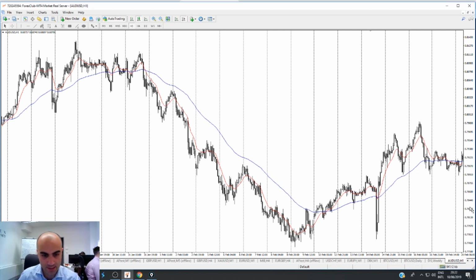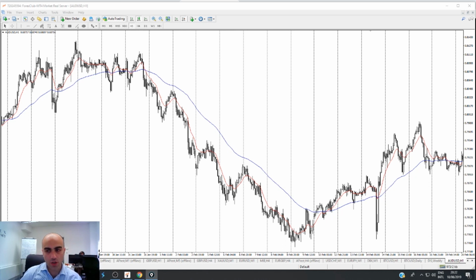So here, as you can see, I'm going to give you a couple of hints: when the EMA 72 crosses above the EMA 12, it's a signal that the market is going down this way. However, on the other hand, when it closes below, it means that we're going to have a swing up.